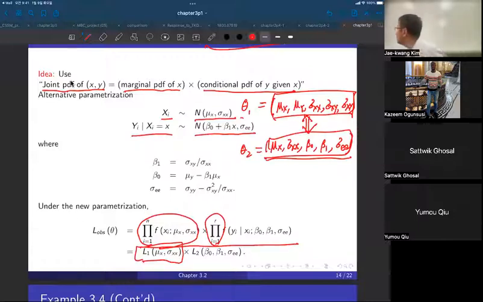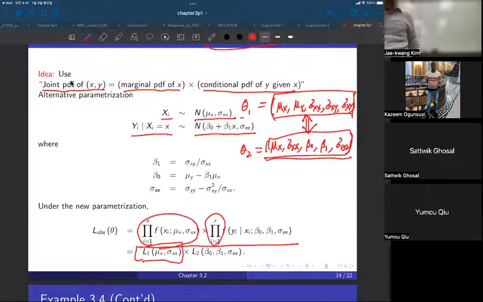So if I'm really interested in computing the MLE of the mean of Y, then we use this one and this one to construct it.